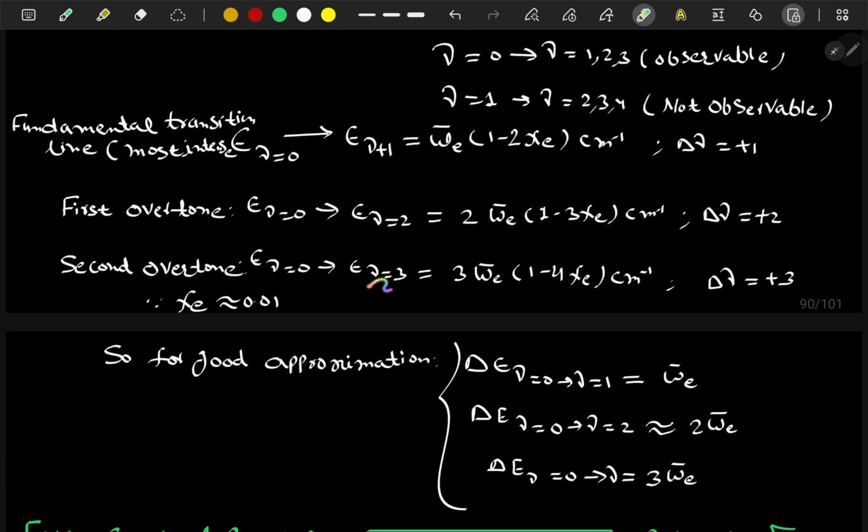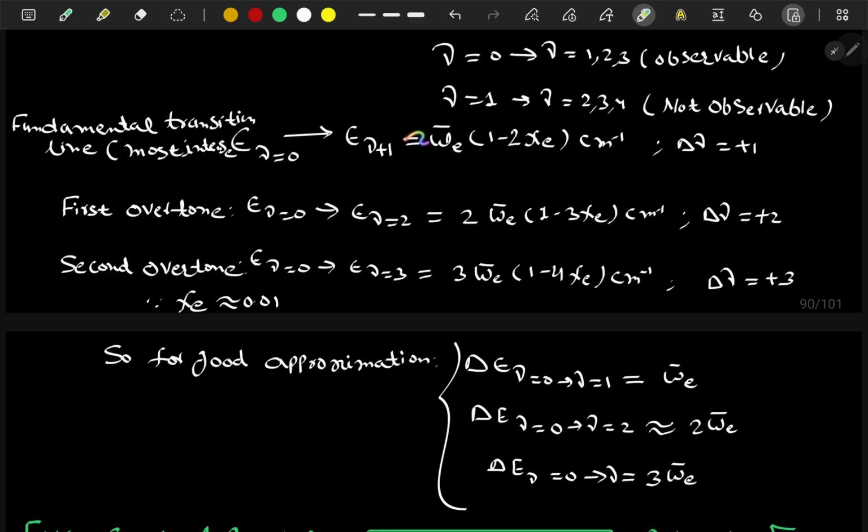Getting my point? Final minus initial. So this is first overtone, this is second overtone, this is fundamental. So fundamental is mu 0 to mu plus 1, and for first overtone mu equal to 0 to mu equal to 2, and second overtone mu equal to 0 to mu equal to 3.